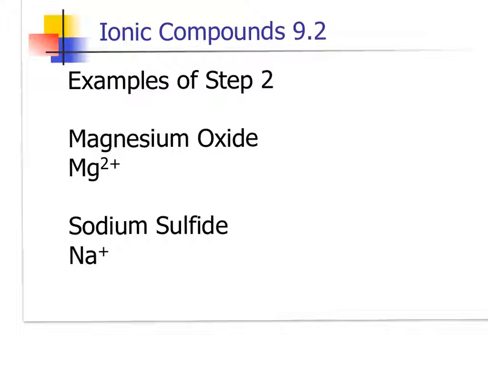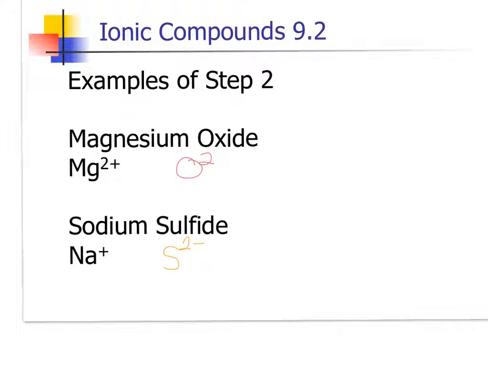So, examples of step 2. We have our oxide and sulfide, and so we have our pluses and minuses already present. Oxide needs to have these written in there as well, and oh, that's a sulfide, not an O, but a sulfide 2-.